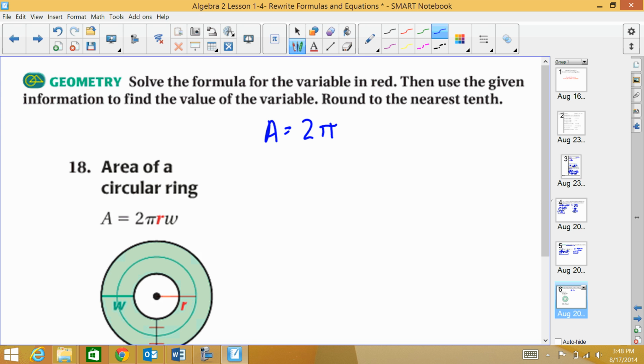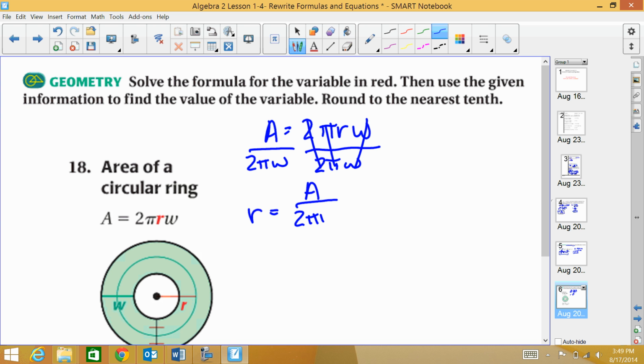A equals 2 pi r w. We need to get r by itself. All of these are multiplied together. So how do we get r by itself? We divide by everything else. So divide by 2 pi w. So we get that r is equal to the area divided by 2 times pi times w.